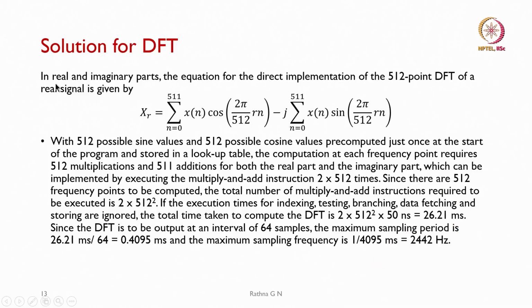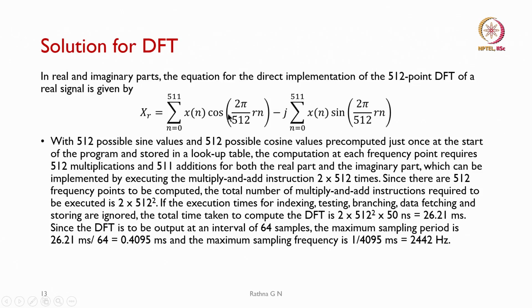Using the DFT, we know that X(r) is the sum from n equal to 0 to n minus 1, which is 511, of x(n) into cos(2 pi by 512 times r n), minus j times the sum from n equal to 0 to 511 of x(n) into sine(2 pi by 512 times r n).